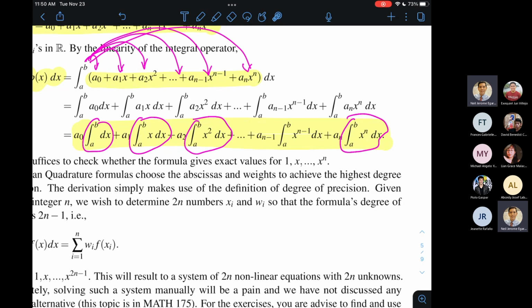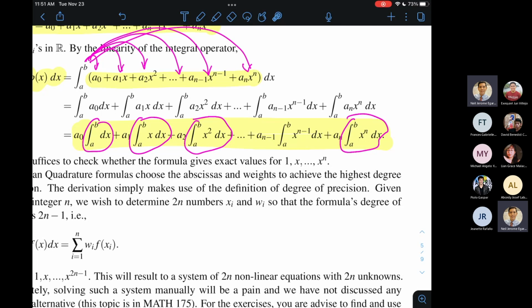Okay? Ito yung goal ng Gaussian quadrature formulas. Gusto nating makahanap ng appropriate weights and abscissas to achieve the highest possible degree of precision. And again, the cost of doing that is that we don't have any free hand in choosing the x sub i's.